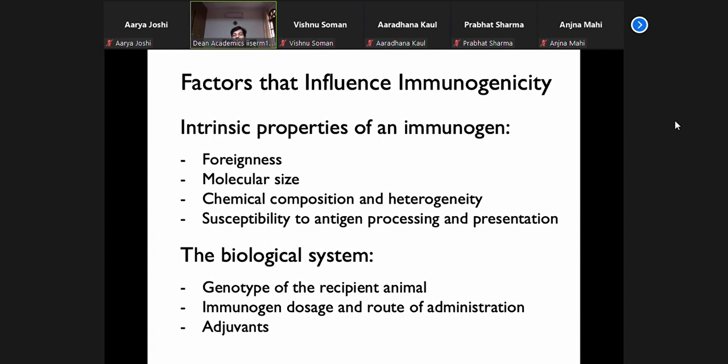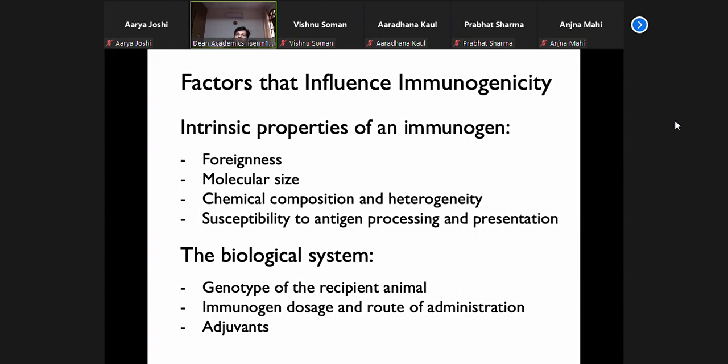Third is chemical composition and heterogeneity. For example, if you have a homomer, such as a polysaccharide with a single pattern, LPS, LPS, LPS, or only a repeating unit of that, you might have a bigger antigen, but if the units are repeated multiple times, it will not be immunogenic. It has to have heterogeneity.